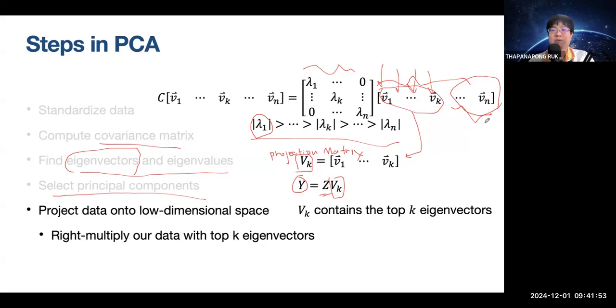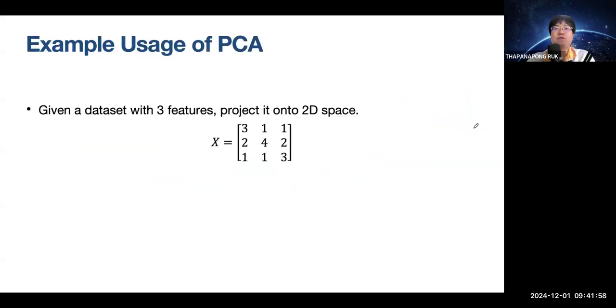Okay, so far so good. So if we have this three features, and we have a dataset, and we want to project this into 2D space, basically we have to follow the procedure. For each column, you have to transform it by subtracting the mean.